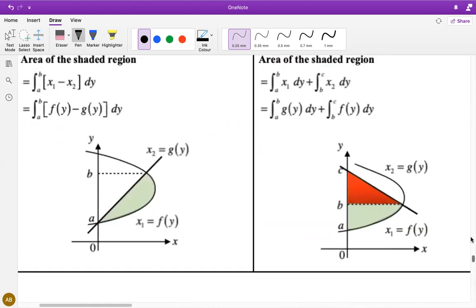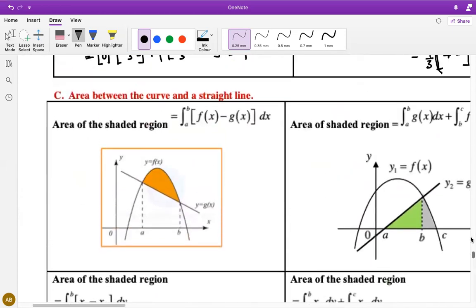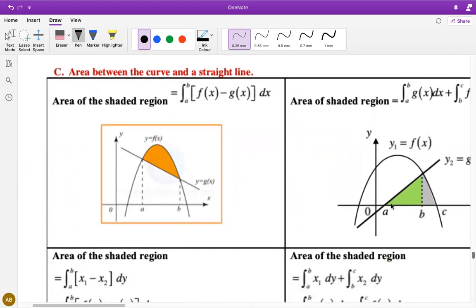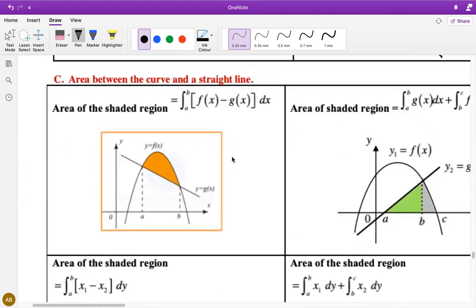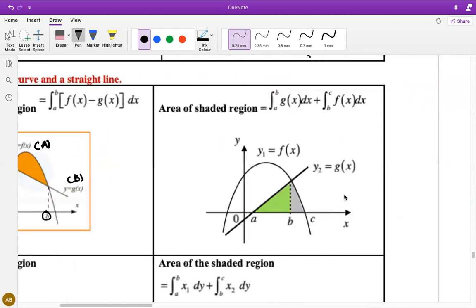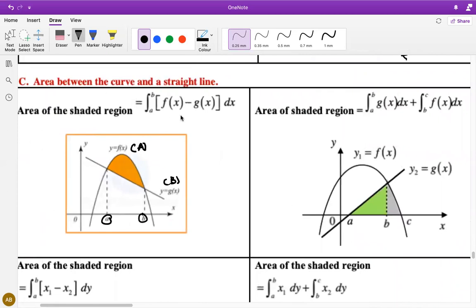Okay. All right, now we go to area between two curves, or area between a curve and a straight line. So the first thing is very simple. If you see this type, where the area of the shaded region is this part, then we take fx minus gx, the above minus the below, from A to B. So the formula for this is we integrate from A to B of fx minus gx, that is above minus below.